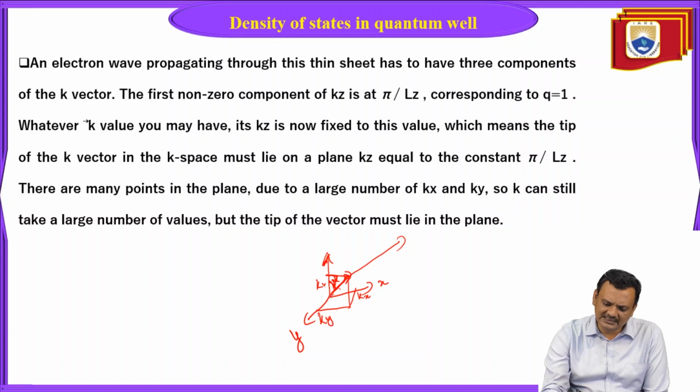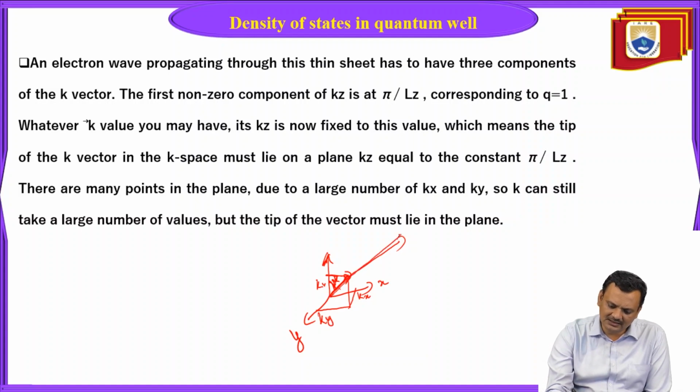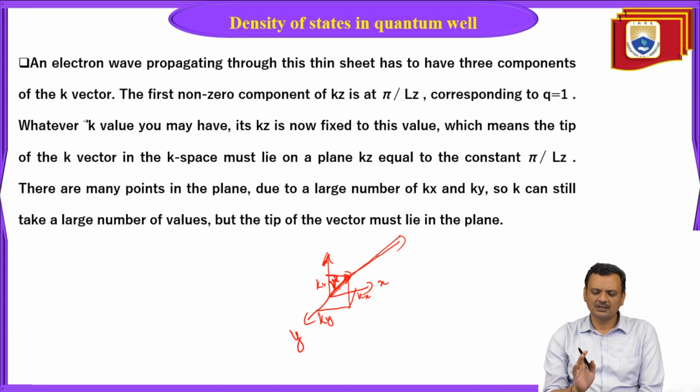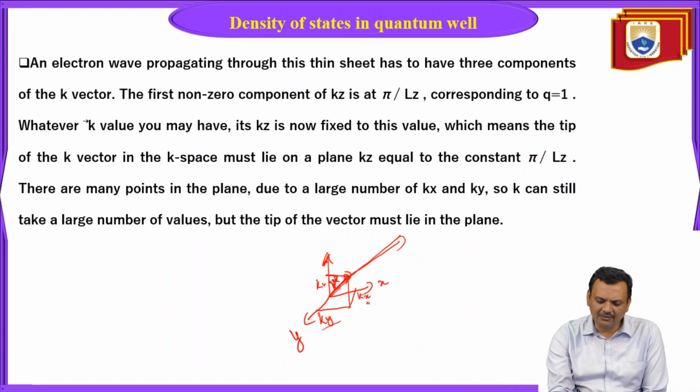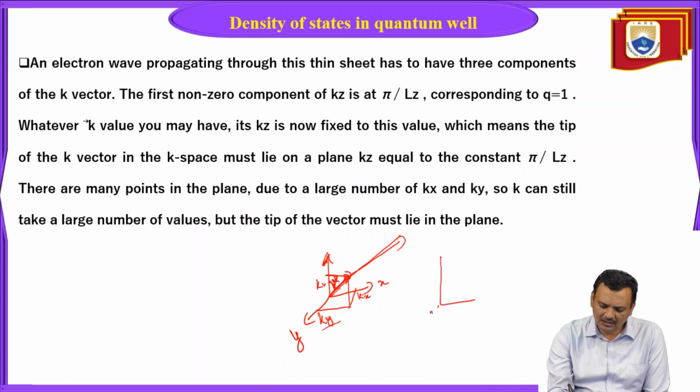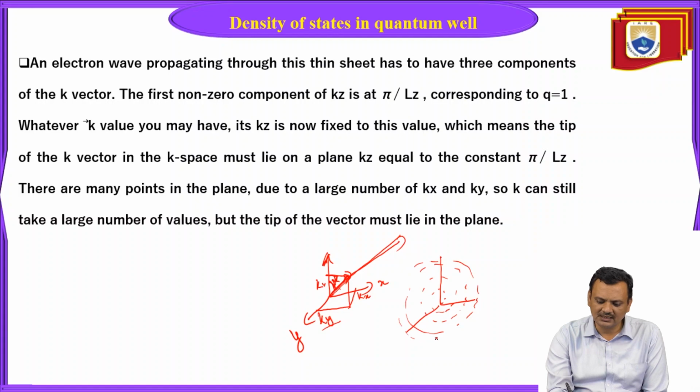So all the values of kx, ky, kz are possible in the bulk case. It will create a set of possible values, and these possible values will create a kind of sphere in the bulk case.